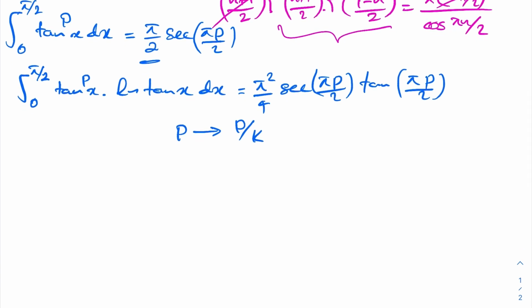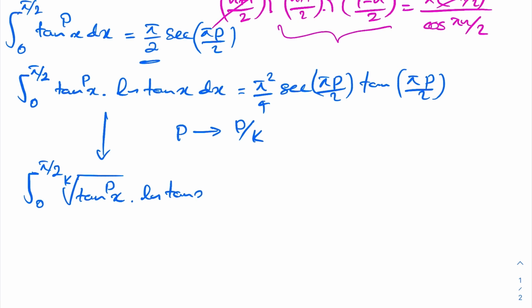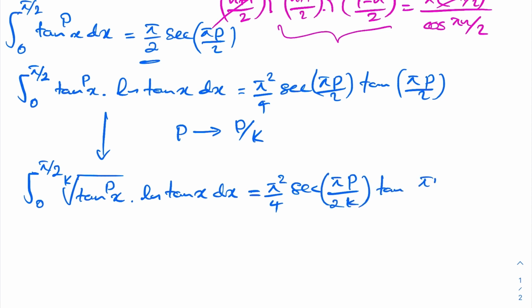So now we can write integral from 0 to pi over 2, now instead of p over k, so we know kth root of, here k, tan to the p of x times natural log of tan of x dx is equal to, now here we have pi squared over 4 secant of pi p over 2 times k times tangent of pi p over 2 times k.